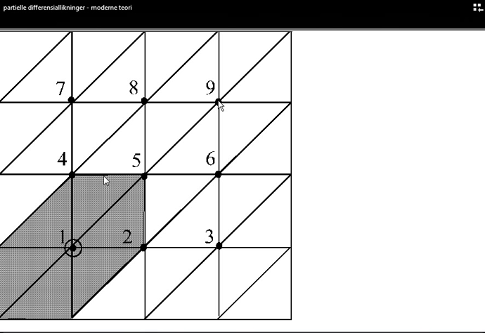So in each of these triangles, the gradient or the derivatives have some value, maybe different from 0, and out here the value of the partial derivatives are equal to 0. Let's now consider the support area for the basis function v9.